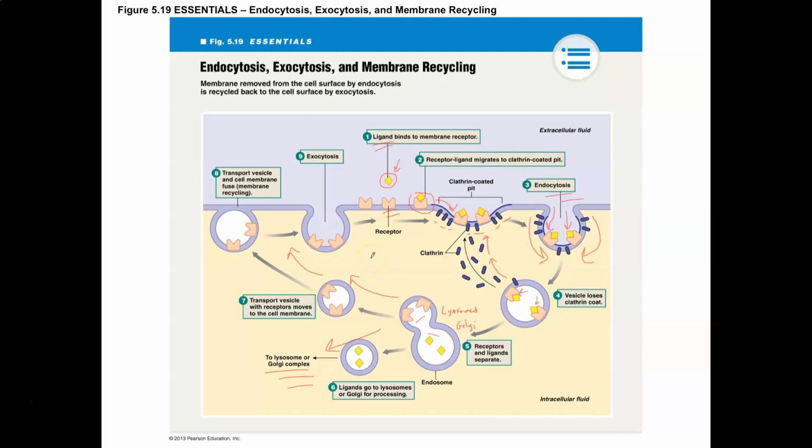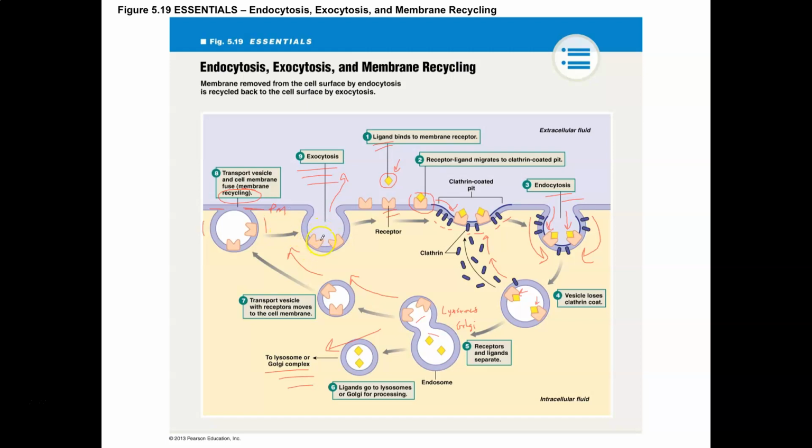What you're really looking at in this form of recycling is membrane recycling. This recycling is really just a form of exocytosis. What's not happening, though, is you're not releasing the receptors to the outside. The receptors aren't floating around in the extracellular fluid. What's happening is you're merging the vesicle membrane back to the original plasma membrane. So we're merging these two together here.